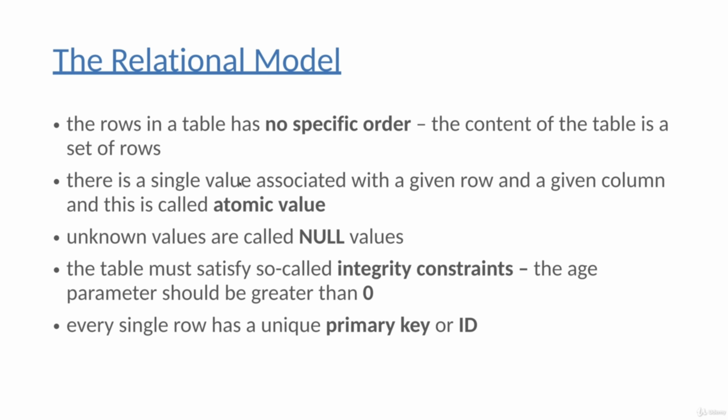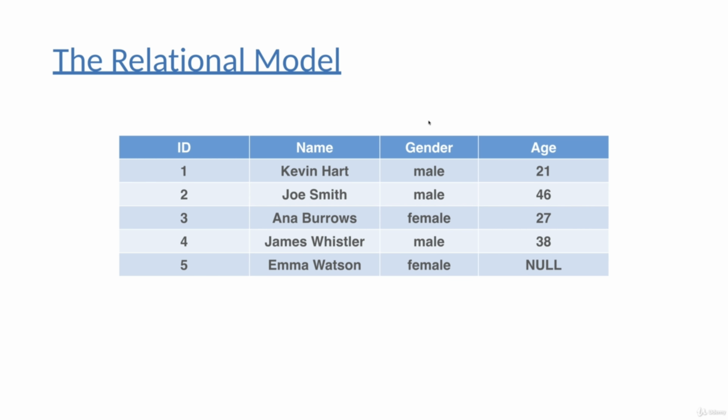There is a single value associated with a given row and a given column, and this is called the atomic value. For example, if we are dealing with the gender column, as far as the fourth row is concerned, where the ID equals 4, there is a single atomic value: male.